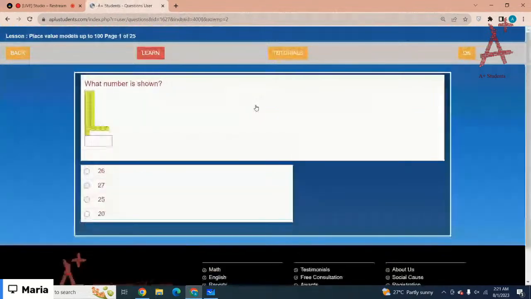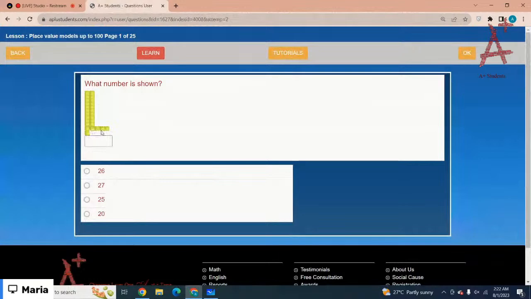Okay, which number is shown? What number is shown? So which is the correct option? You can see you have two lines that represent 10, and the single squares are 1, 2, 3, 4, 5, 6.